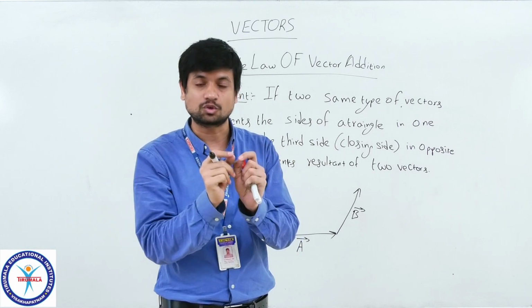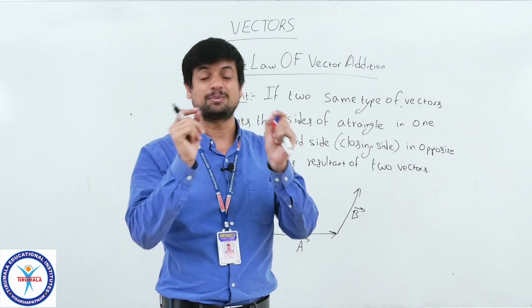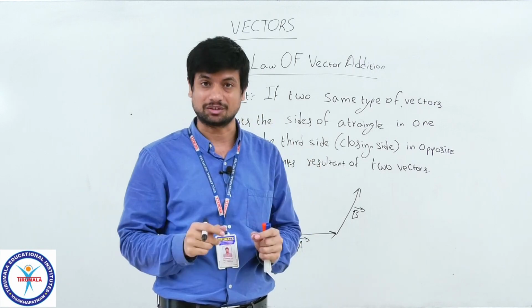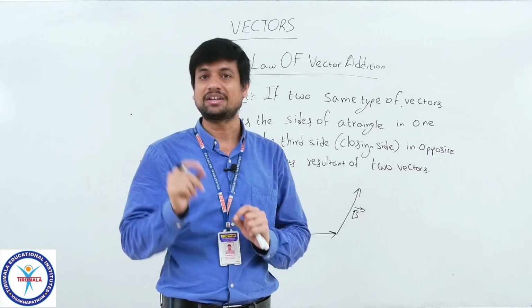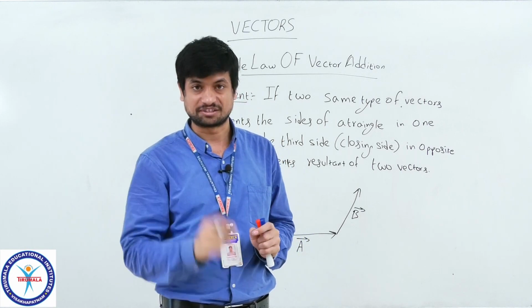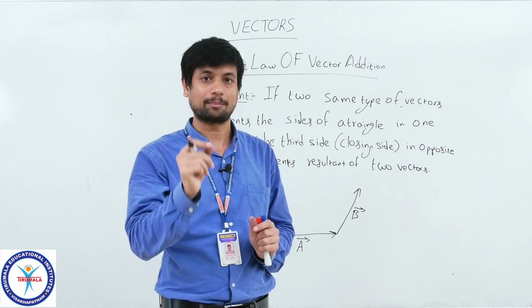You can add forces to forces, momentum to momentum, velocity, displacement, acceleration, but we cannot add force and velocity, force and acceleration, or force and displacement. Did you understand, children? This is the main thing you need to memorize and keep in mind.